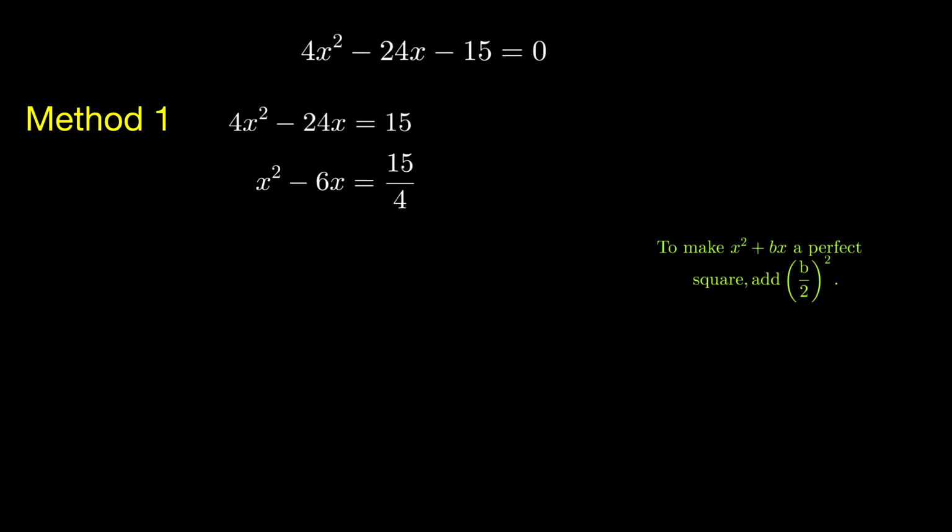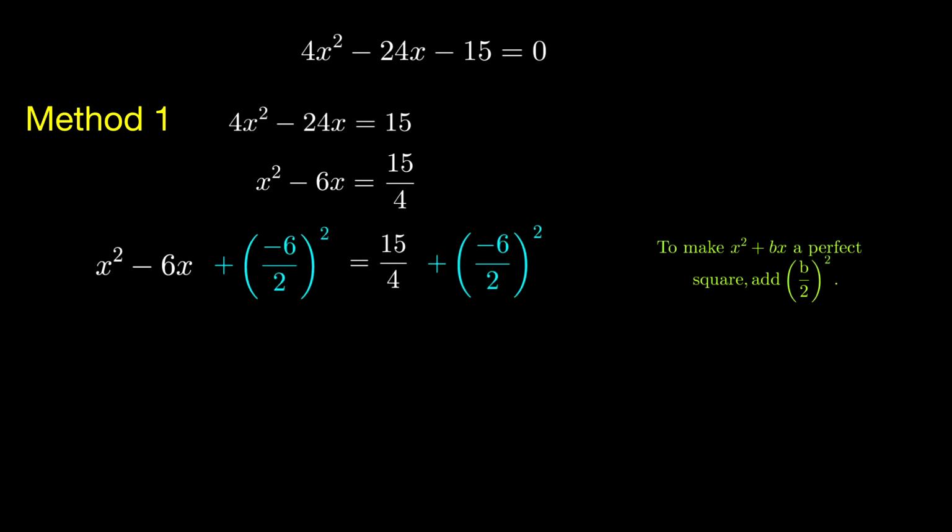So what is the coefficient of x here? It is equal to negative 6. Therefore, we have to add negative 6 divided by 2, so the half of the coefficient of x, and then we square it. And this will make the left-hand side a perfect square trinomial.